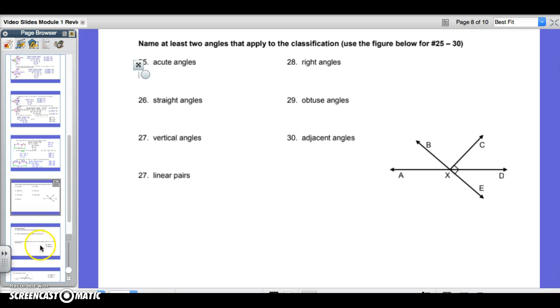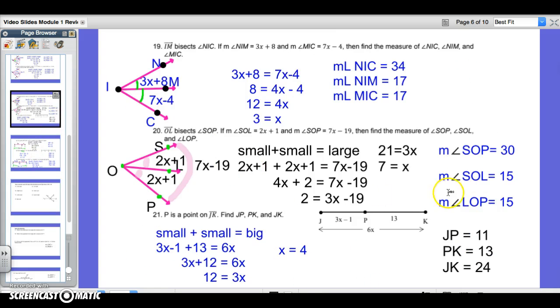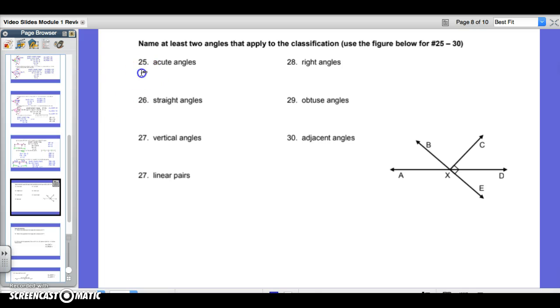Let me copy the angle measurement on this slide. And here we go. Angle AXB is one option.